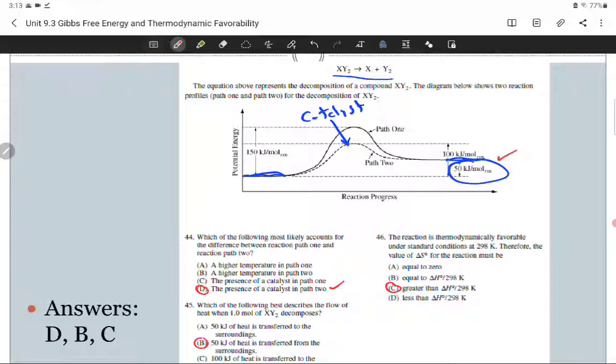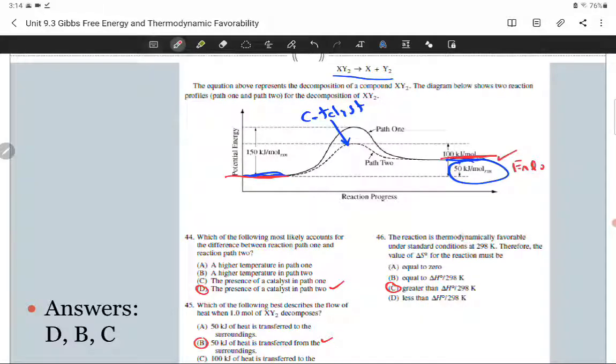We already talked about 50 kilojoules being the difference between the two plateaus. Plateau starts low, ends high, so that means it gained 50 kilojoules. That's an endothermic process. So that means the system absorbed energy. That means the surroundings lost energy. So that's basically what B says.